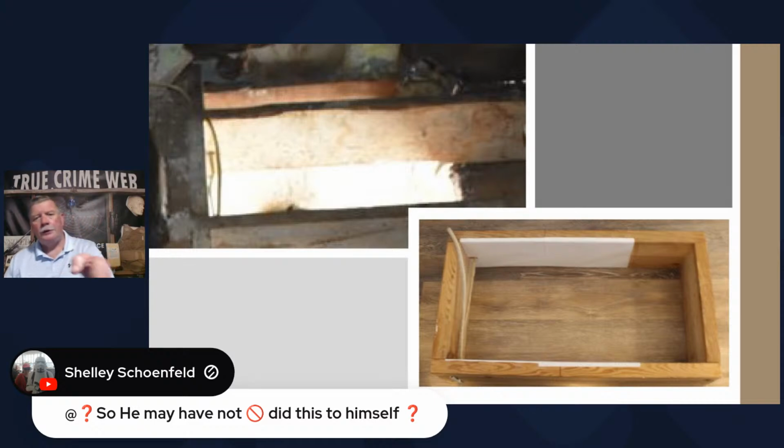Right here, the top left image, I've got it far enough away so you can't see the blood pattern and the blood spatter in this, but on that facing that you see there is a large amount of blood spatter that has all the characteristics of back spatter.